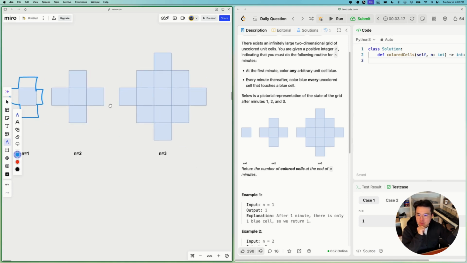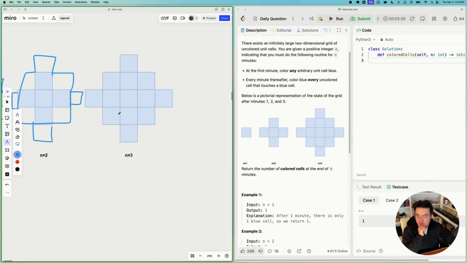Now, when n is 2, we fill up the square, create the cube again, and have it protrude out like this. And that's n equals 3. And then I think for n equals 4, we probably need to draw out the cube and then give it like this.